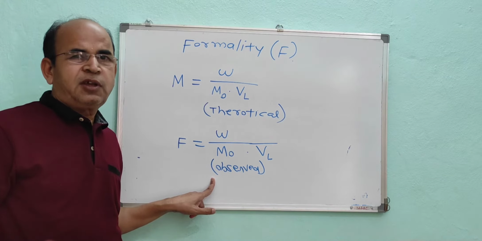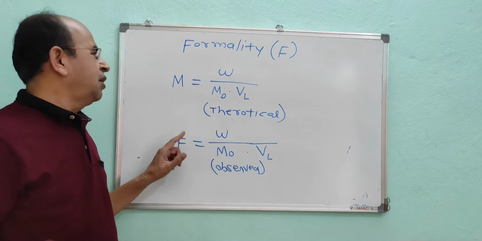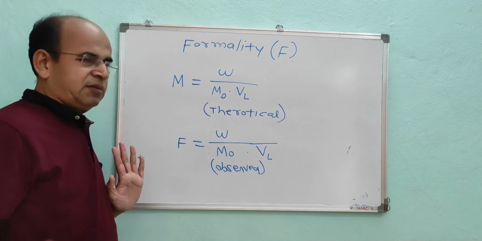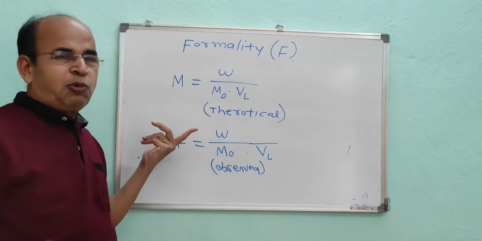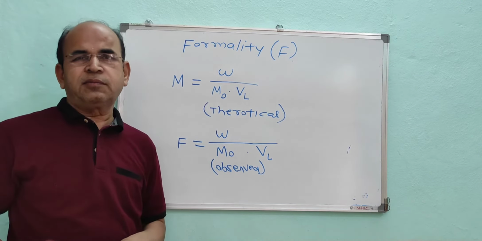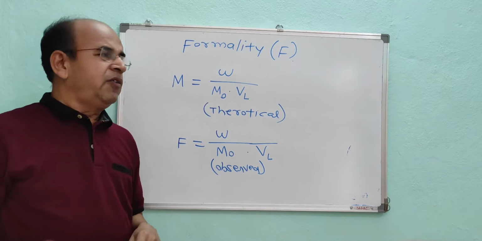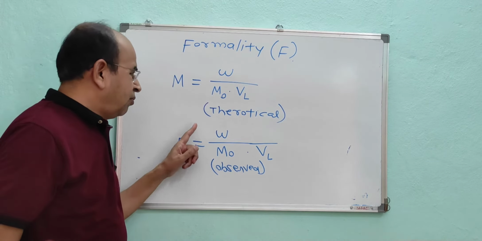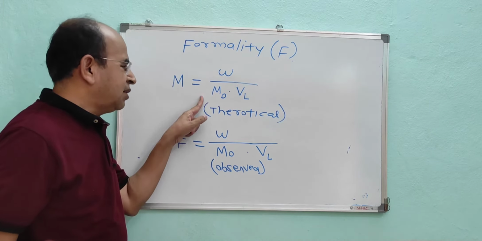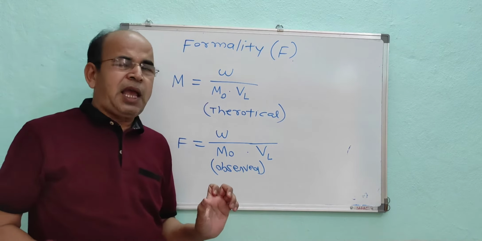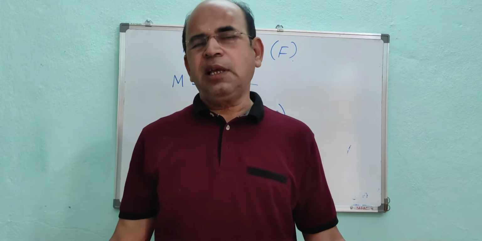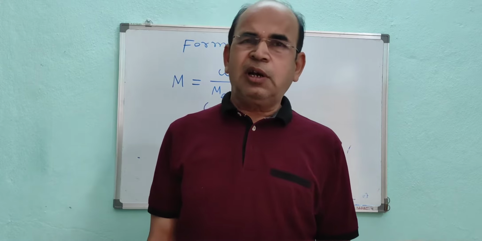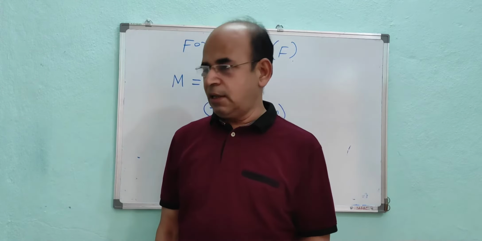So that is the difference between molarity and formality, and by this you can relate them. When the actual molar mass and theoretical molar mass are the same, then molarity and formality will be the same. So that is about formality.